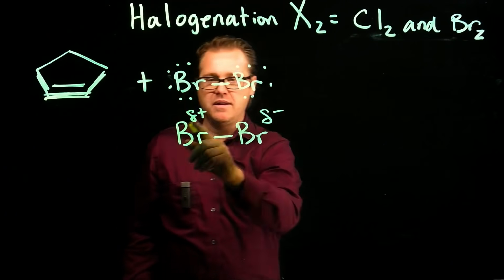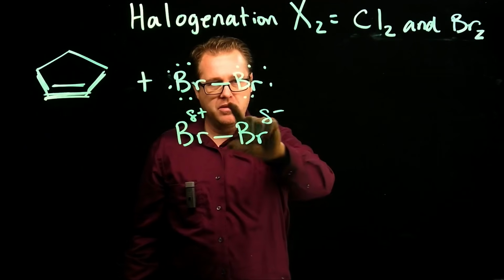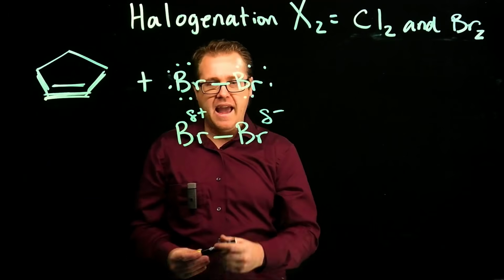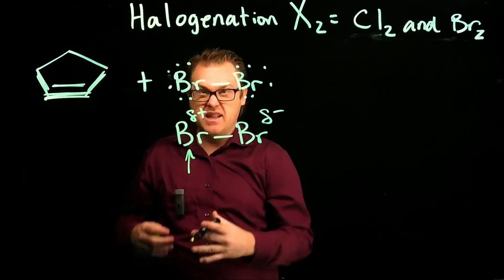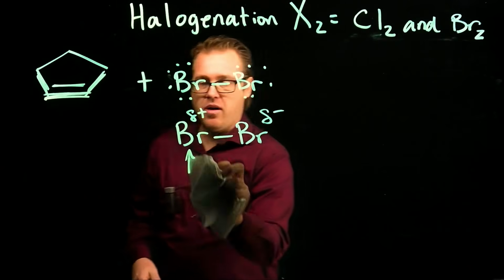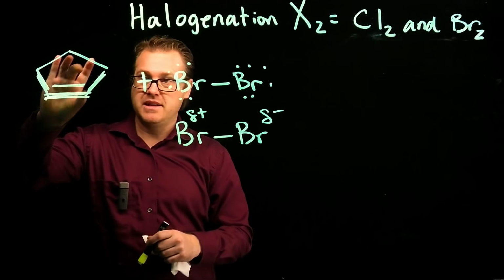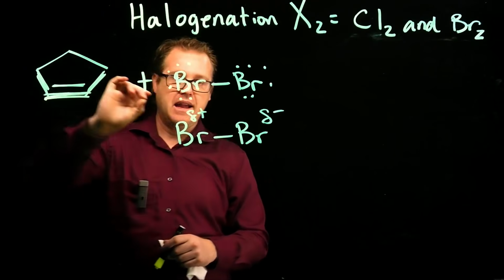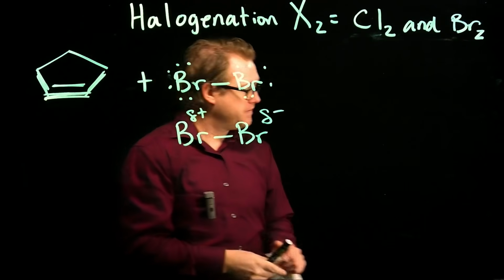More electrons over here, fewer electrons there. And so when we look at bromine in this way, we can see this right there is electrophilic because it's electron poor. So we have identified our electron-rich species, which is the alkene, and here is our electron-poor species, or the electrophile.